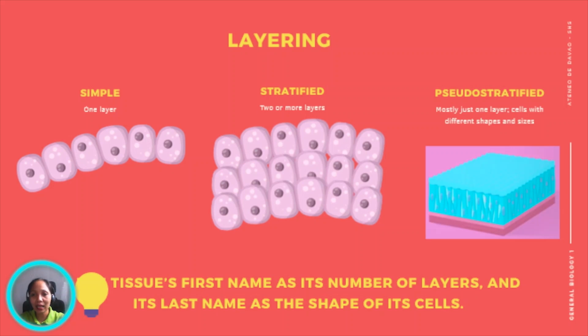And the last name will be the shape of the cell. So it can be squamous or the flattened shaped cell, the cuboidal cell or the cube-shaped cell, and the columnar, which are tall and thin. Now let's try to name some epithelium or epithelial cell.